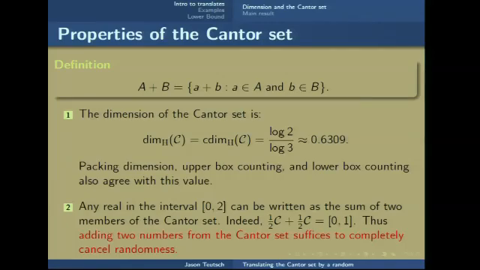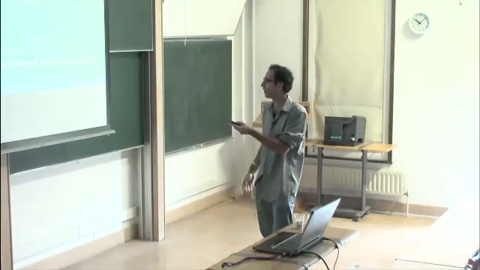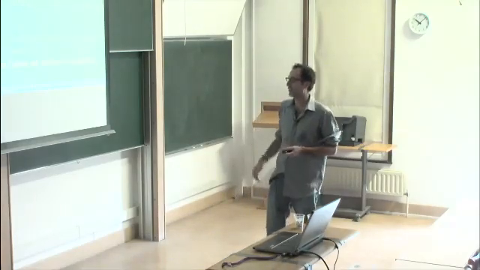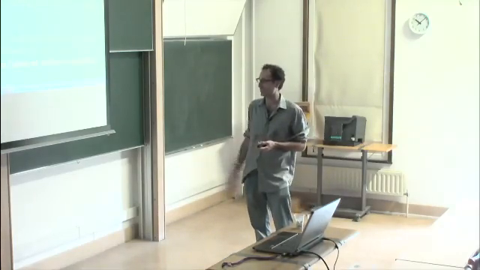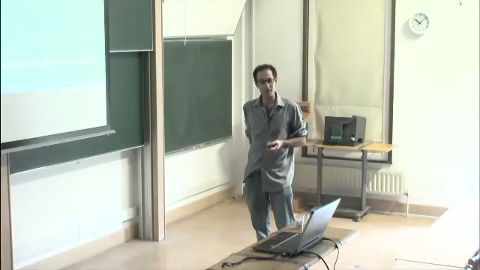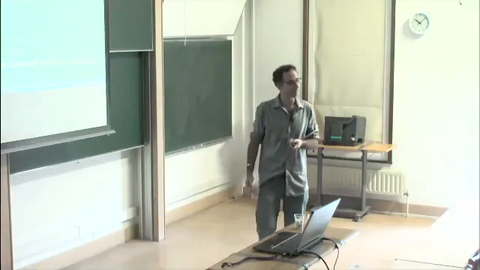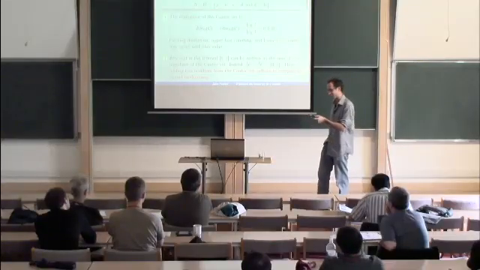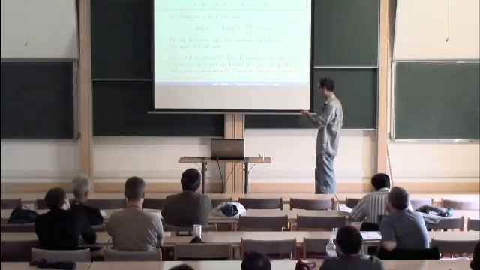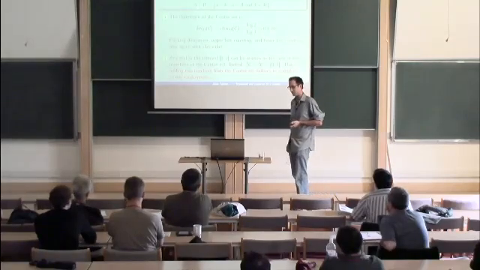If you need a 1, you take a 1 and a 0. If you need a 2, then you take two 1s. So I guess in particular, adding two numbers from the Cantor set suffices to completely cancel randomness, because you can get any point. It's actually subtraction here and not addition, but that is the principle here.